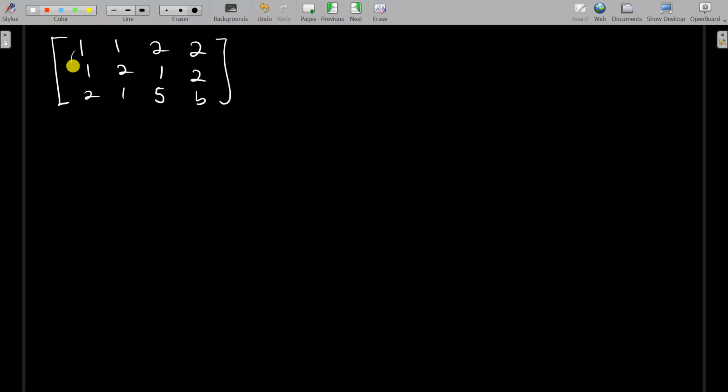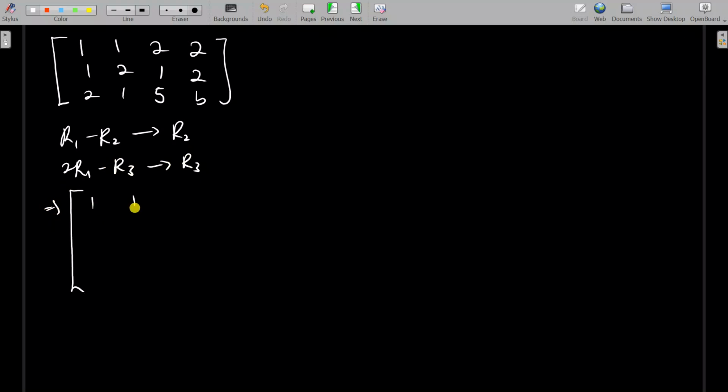To reduce this, I'm going to do our usual: subtract row 1 and row 2 to make sure that entry is 0. I'm going to multiply row 1 by 2 and subtract row 3 from it. So row 1 minus row 2 should give us our new row 2, and 2 row 1 minus row 3 should give us our new row 3. That gives me this new matrix: 1 1 2 2, 0 here, then 1 minus 2 is negative 1, 2 minus 1 is 1, and 2 minus 2 is 0.